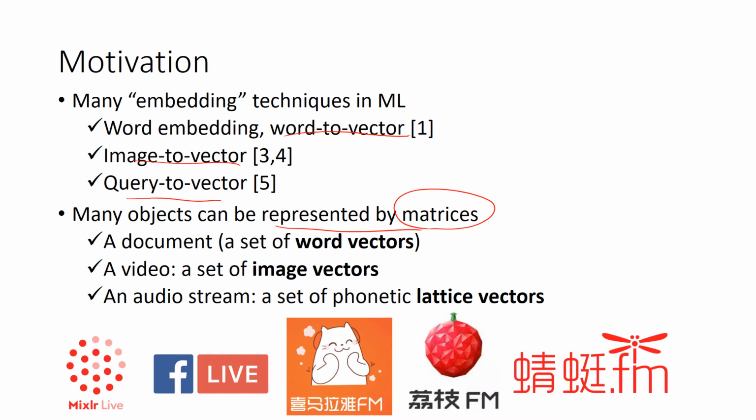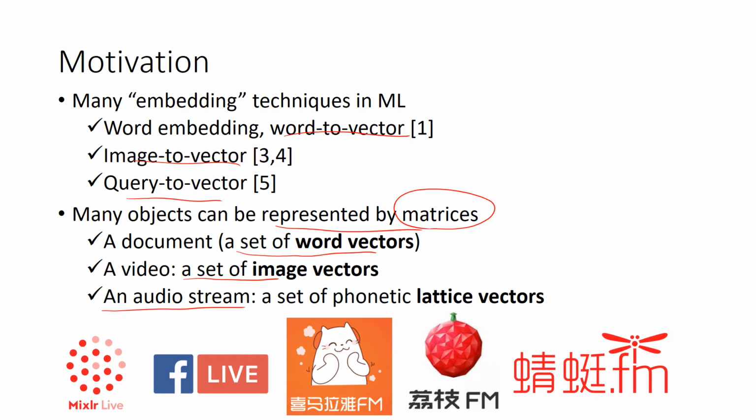For example, a document can be represented as a set of word vectors, where each word in the document corresponds to a vector. A video can be seen as a set of image vectors. An audio stream can be considered as a set of finite lattice vectors.